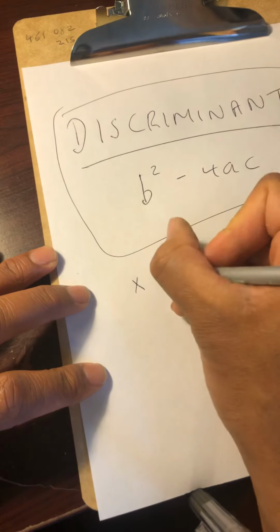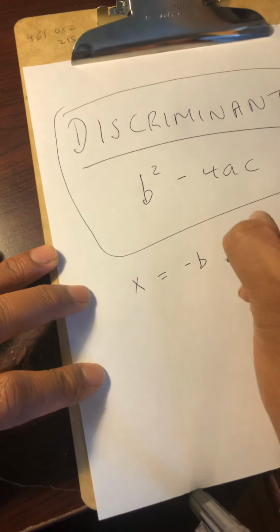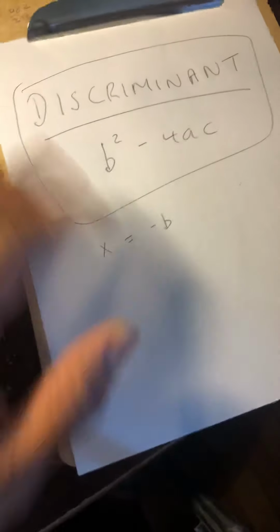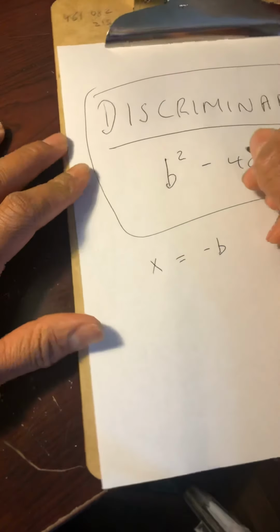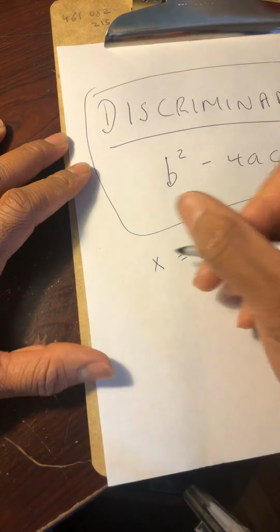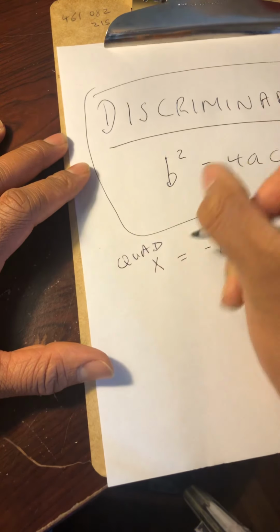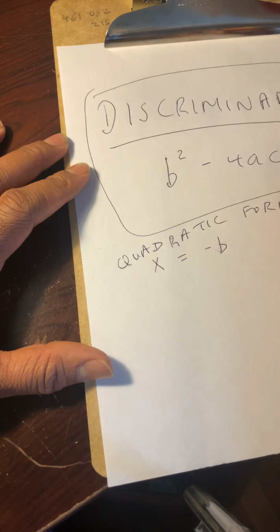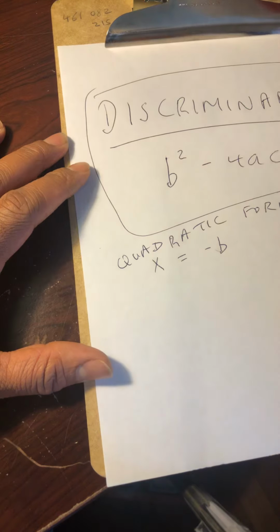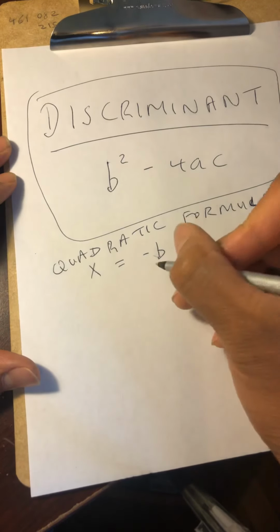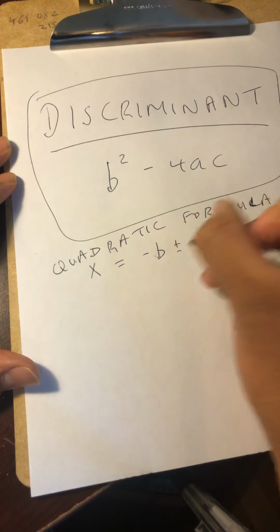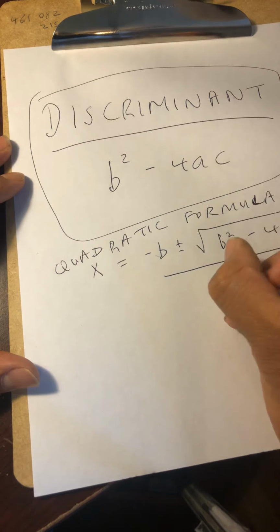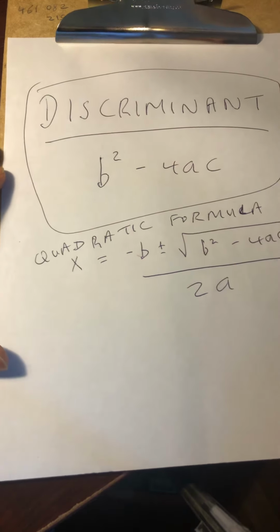And what does it come from? It comes from the quadratic formula, which says x equals minus b plus or minus the square root of b squared minus 4ac, all over 2a.